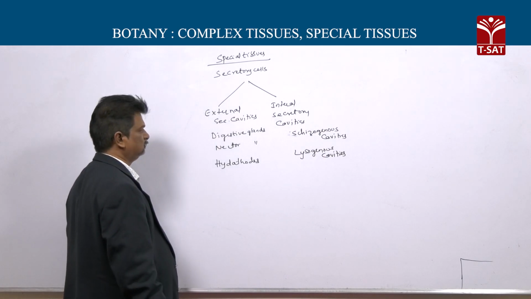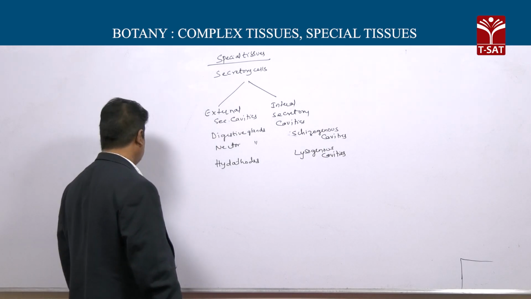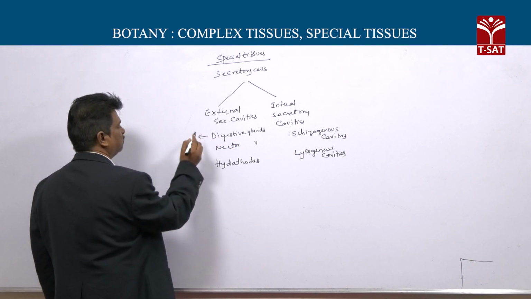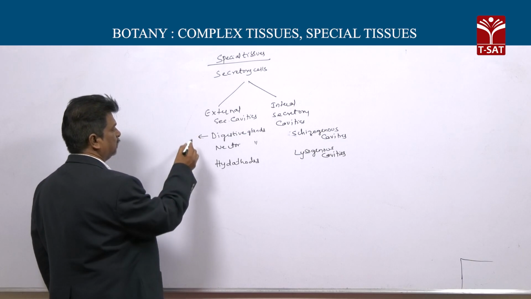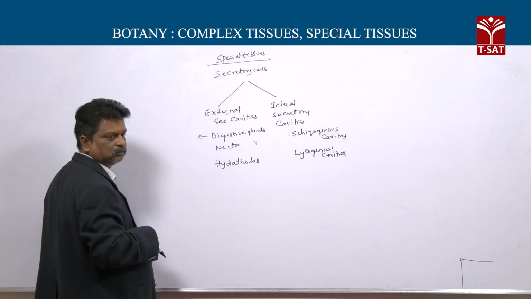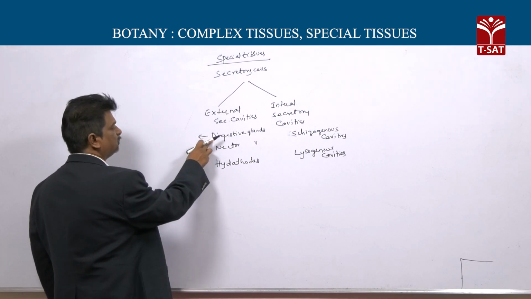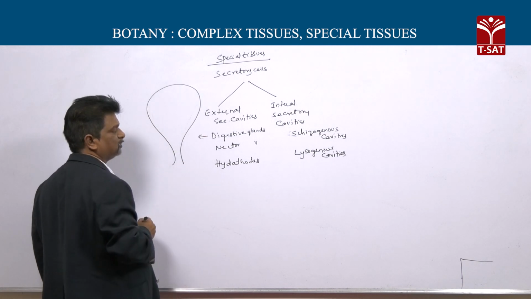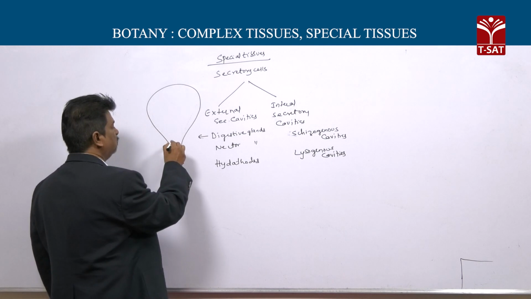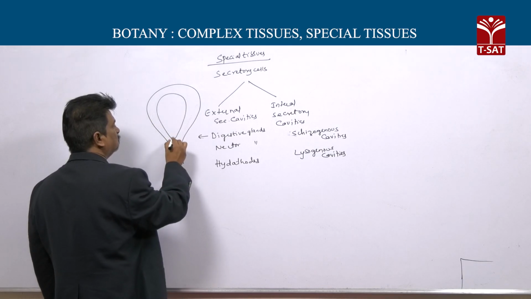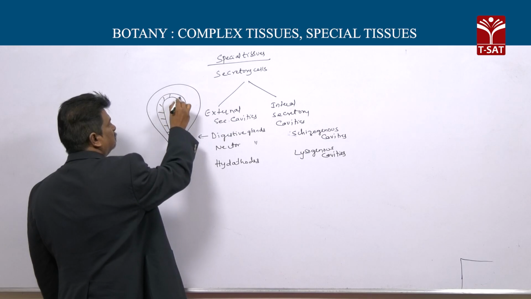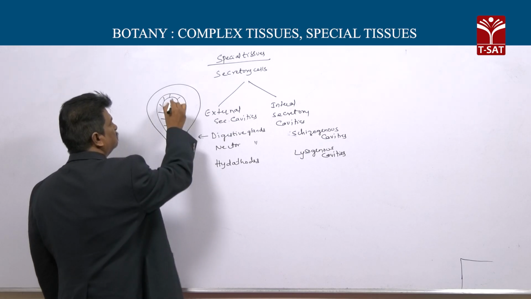So first one, digestive glands. Rightly, digestive glands are a characteristic feature of insectivorous plants or carnivorous plants. They contain digestive glands.